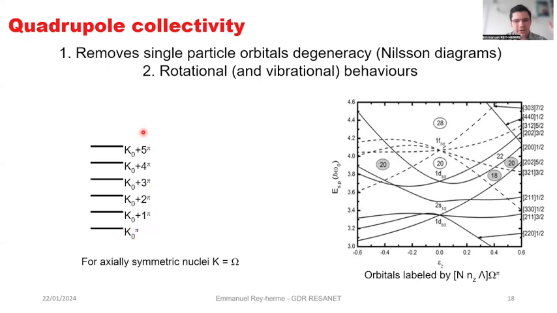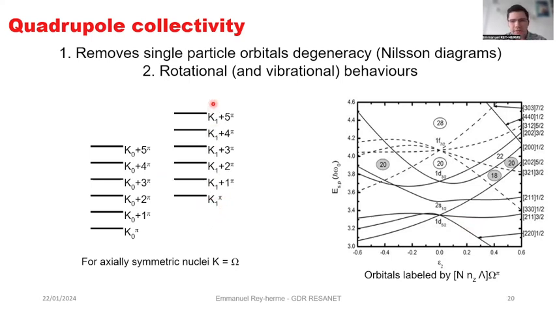But in the general case, you can have all, and we will mainly speak here about odd-mass cases where it behaves like this. And if we go to an excited state, you can have a second K with parity pi, and on this K, you can also build a rotational band.